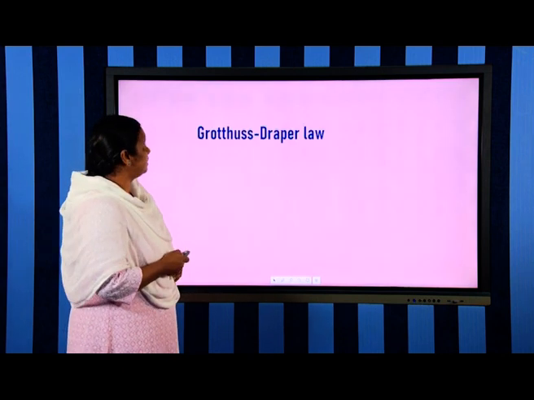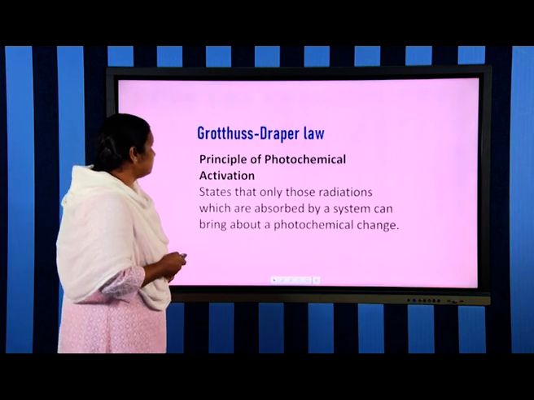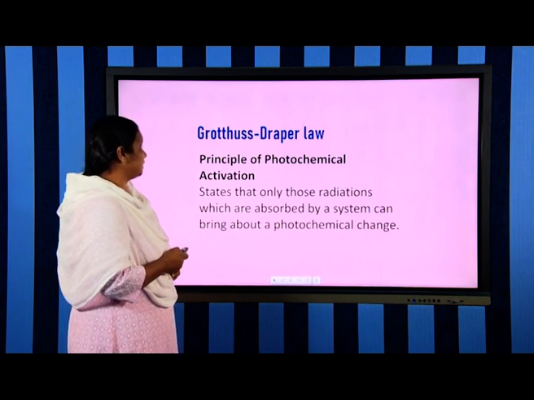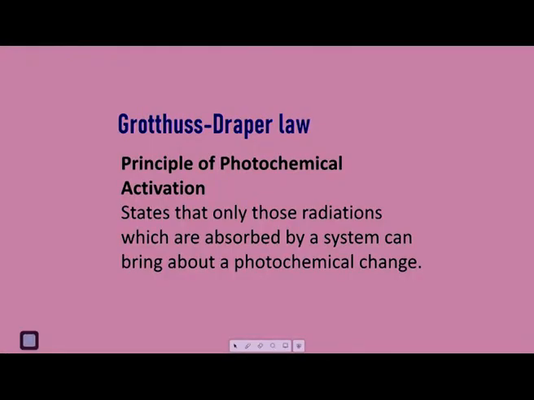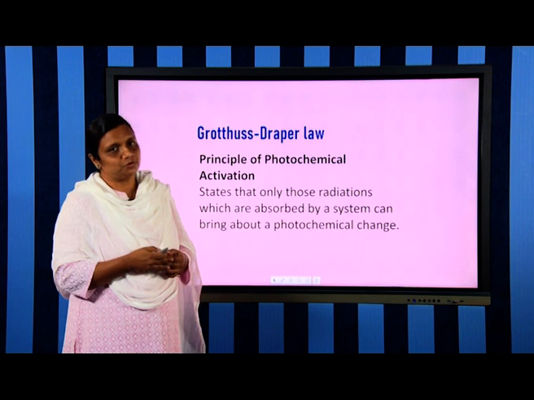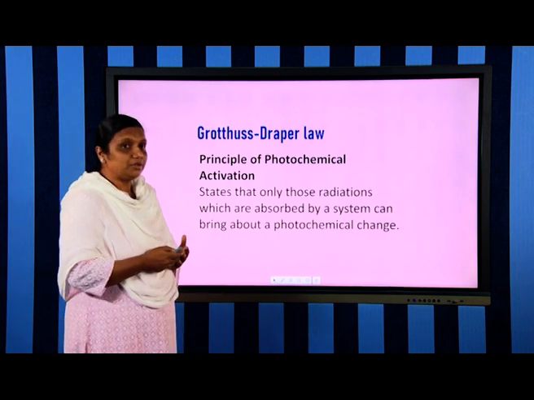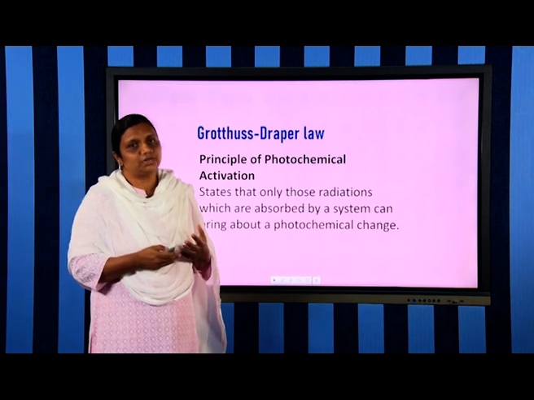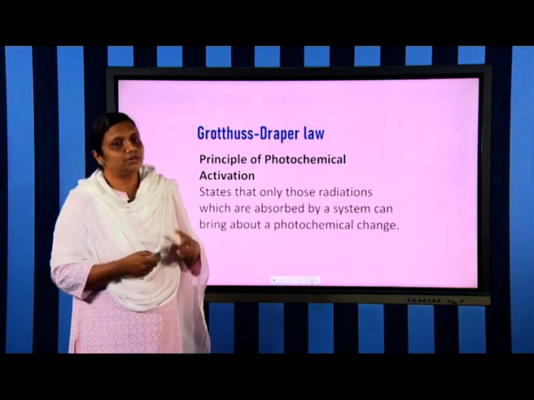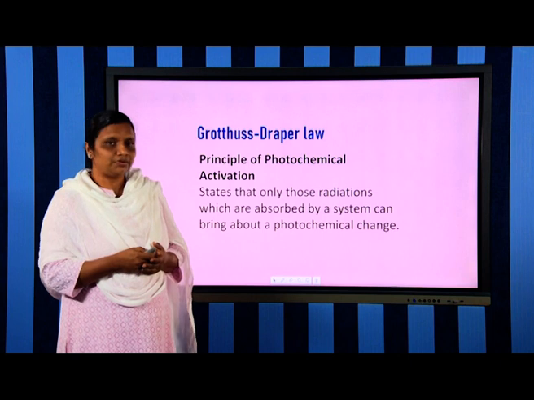Now, the Grotthuss-Draper law is also called the principle of photochemical activation. It states that only those radiations which are absorbed by a system can bring about a photochemical change. So, for a photochemical change to happen, light energy has to be absorbed. That is what the Grotthuss-Draper law says. But remember, not all the light radiation which has been absorbed will result in a photochemical reaction.